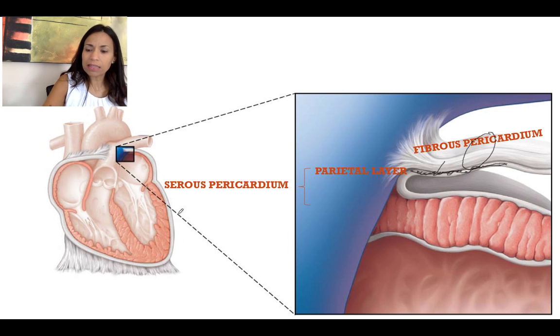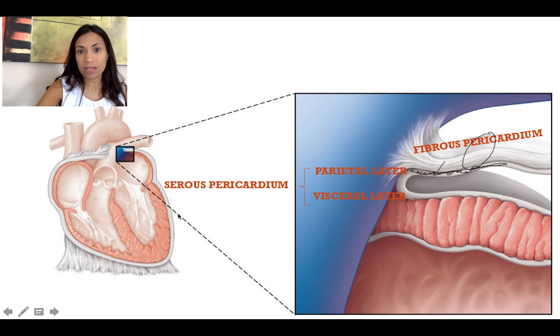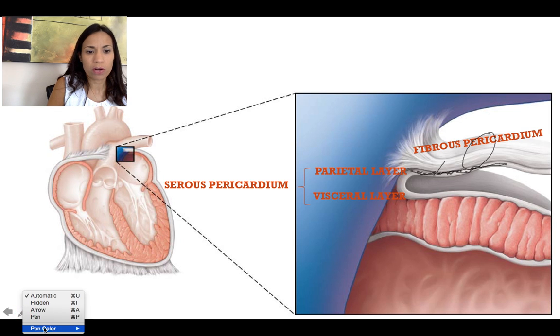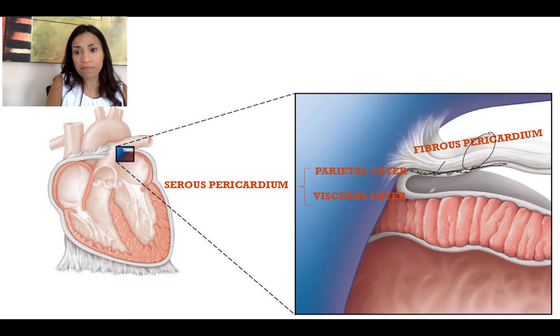And we have a second layer. The one facing the wall is the parietal; the one facing the viscera, the organ, is called the visceral pericardium. As you remember, guys, I'm going fast because I think we're repeating a little bit from the first chapters of this course.